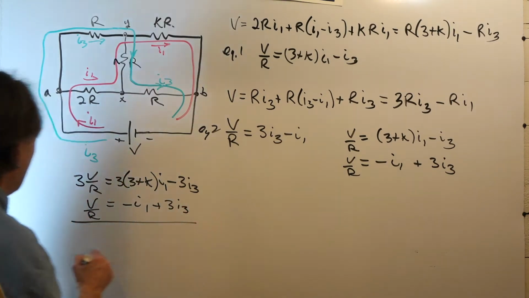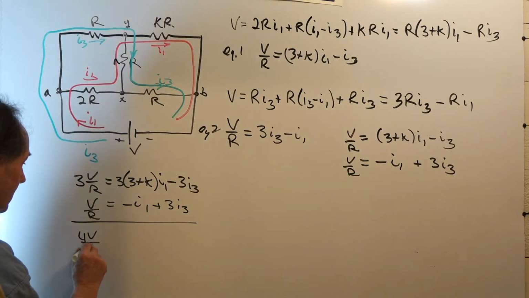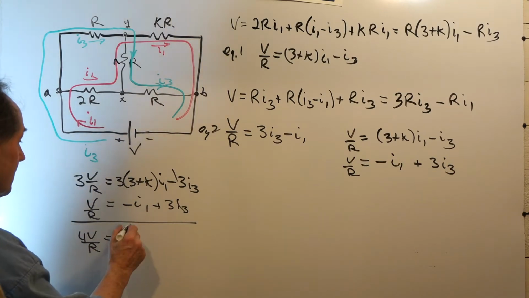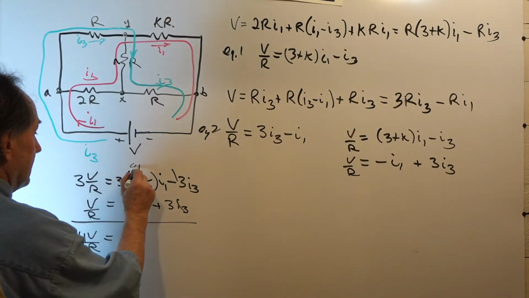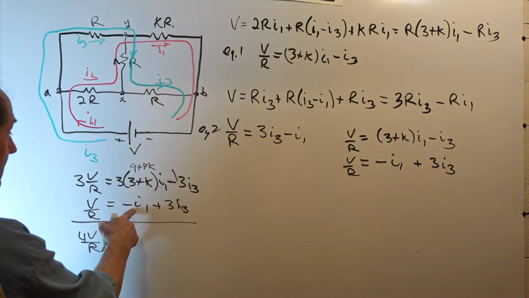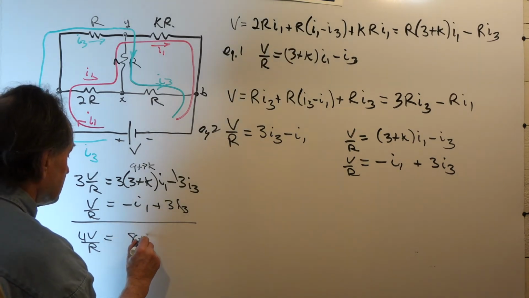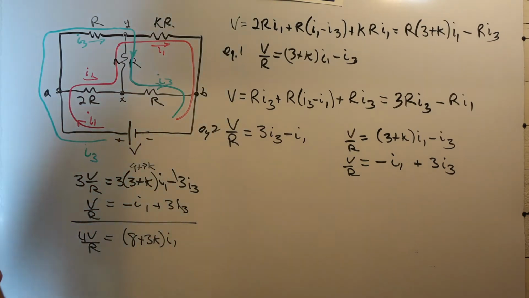So adding them, we have 3V over R plus V over R, which is 4V over R, is equal to, the 3 I3s cancel, and we have 3 times 3, which is 9, so this is 9 plus 3K, and we subtract off a 1 on that, so this becomes (8 plus 3K) I1.